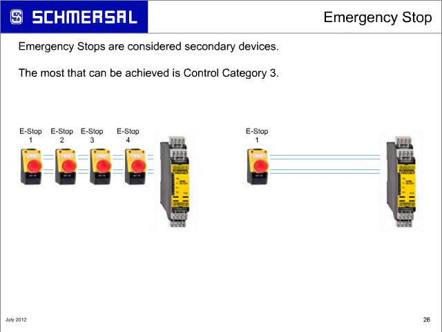But when you look at the other side of it, when you go through your decision tree of determining what performance level or control categories are required, when you look at severity of harm, frequency of exposure, and possibility of avoiding it, reality is on a machine, you typically will not get to a need for control category 4. An E-stop is supposed to be used for emergency purposes only.